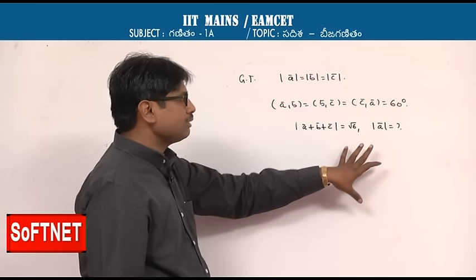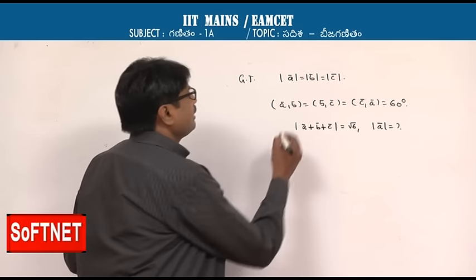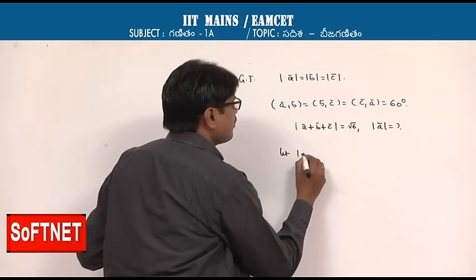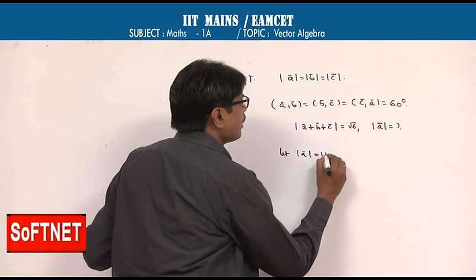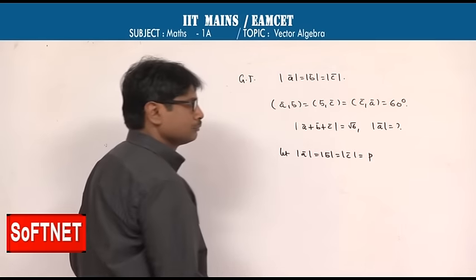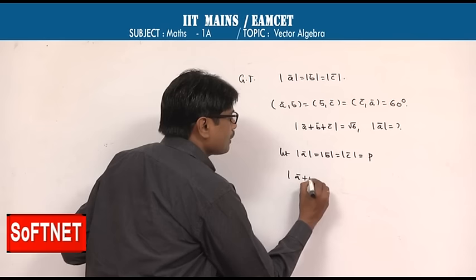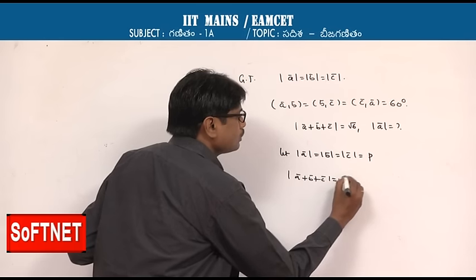Okay, then find the value of mod of a bar. ఇప్పుడు let mod of a bar is equal to mod of b bar is equal to mod of c bar is equal to some p, and also given that mod of a bar plus b bar plus c bar is equal to root 6.